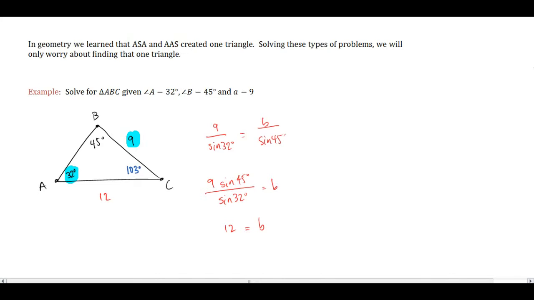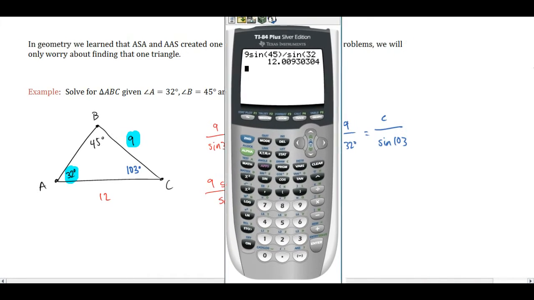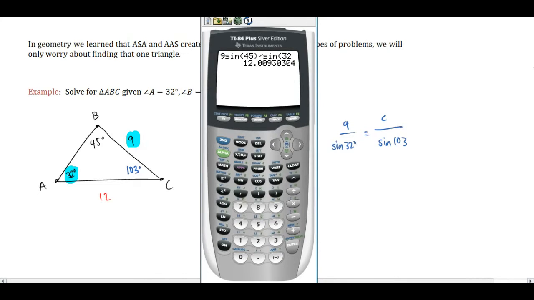And now I can use the law of sines one more time. Again, I can take side A, the one they gave me, 9 over the sine of 32 is equal to side C over the sine of 103. And I will grab my calculator and I will just type that in. So again, 9 sine 45 divided by sine 103.